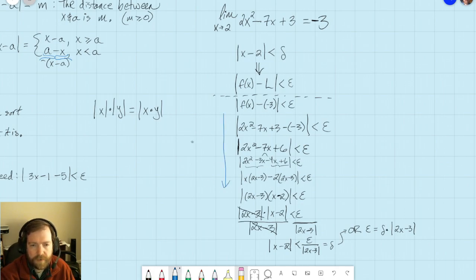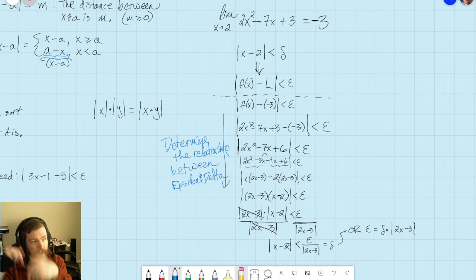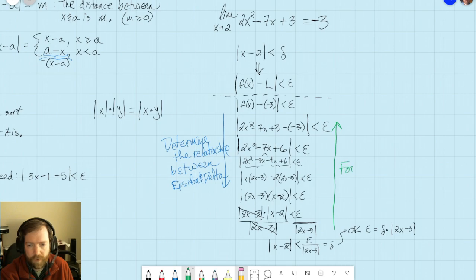Alright, so this way, right? When you're going this way, determine the relationship between epsilon and delta. Figure it out. What's it going to be? And then, when you go this way, this is your formal proof.